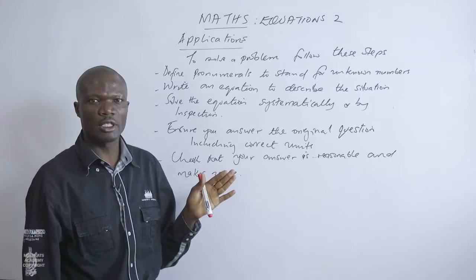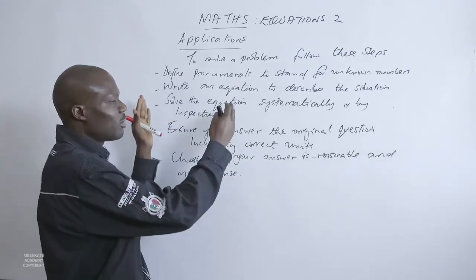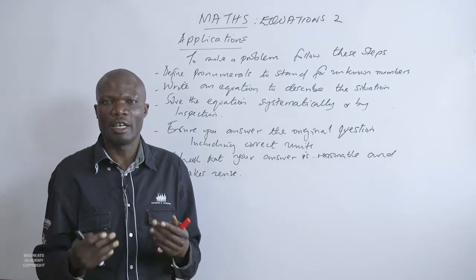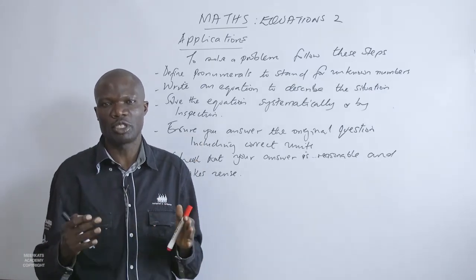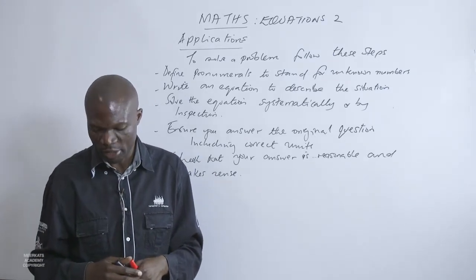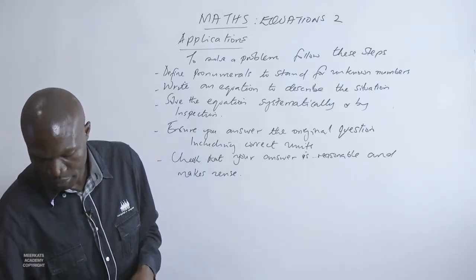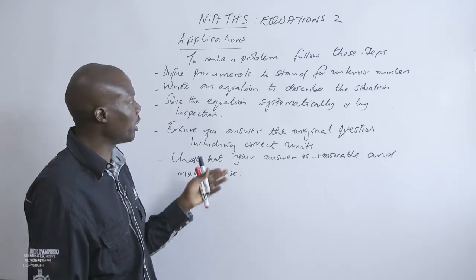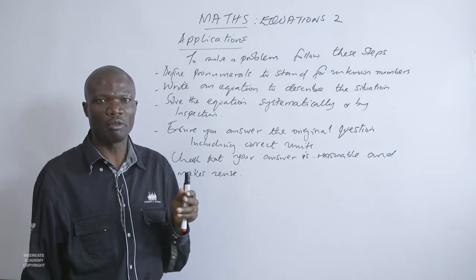So these 5 steps are always going to be applied every time you start applying equations in a real life situation. So I want us to look at problem solving.